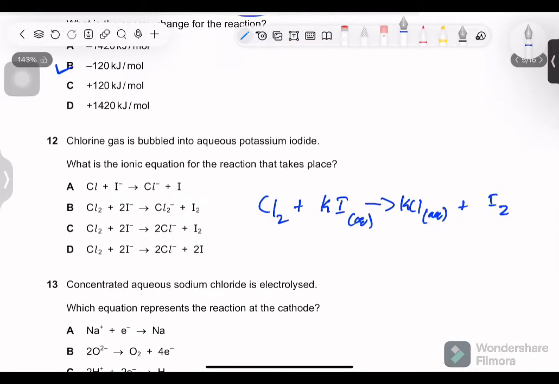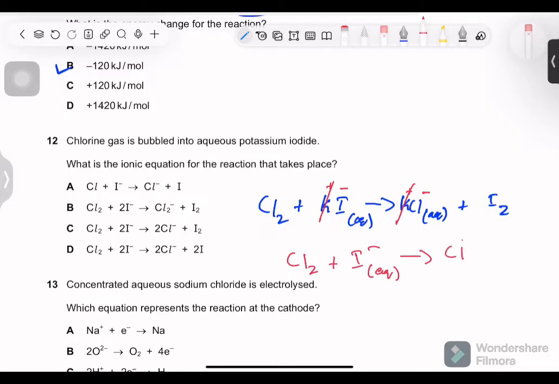So before balancing, we know that aqueous ions get charges, and the same on either side are cancelled. So we'll have Cl2 plus I minus aqueous producing Cl minus aqueous plus I2. So for the balancing we can have 2 on this side and 2 on this side to balance each of iodine and chlorine. Now we look at the options.